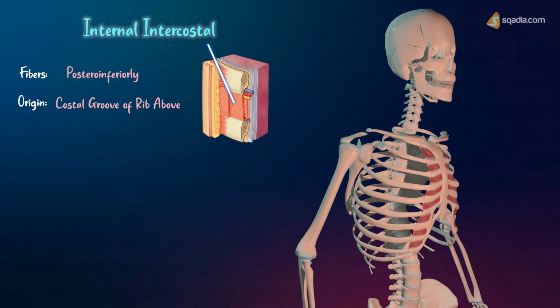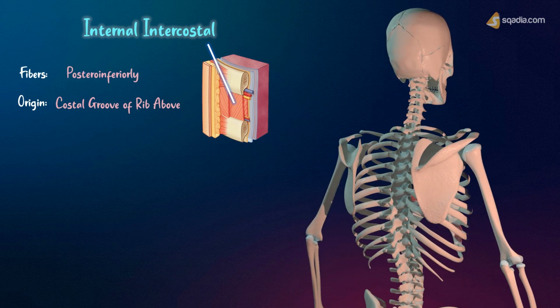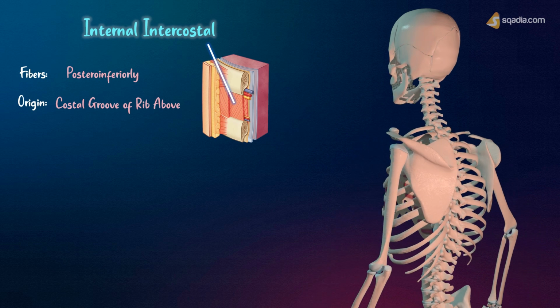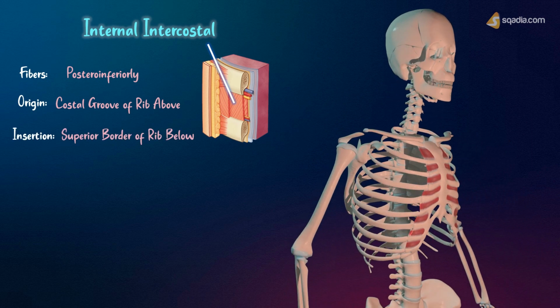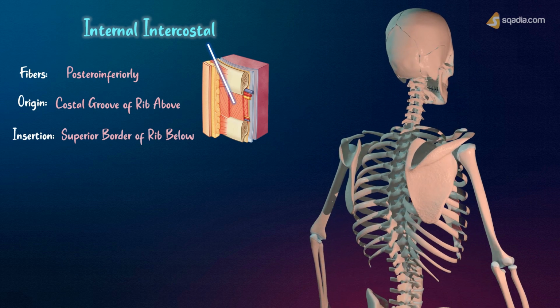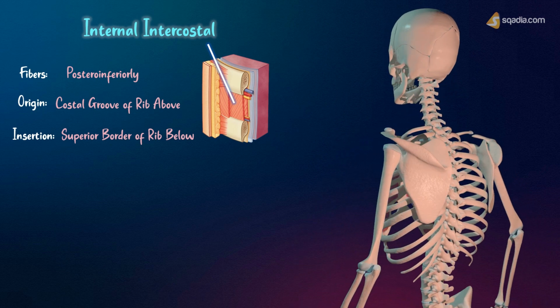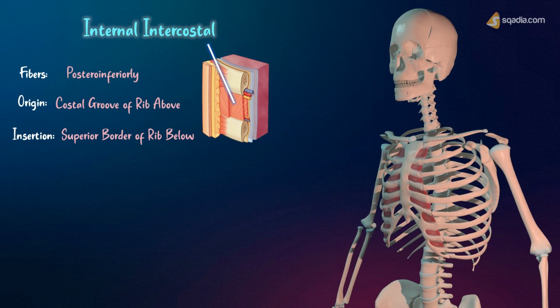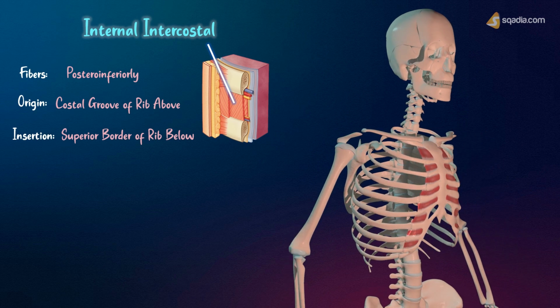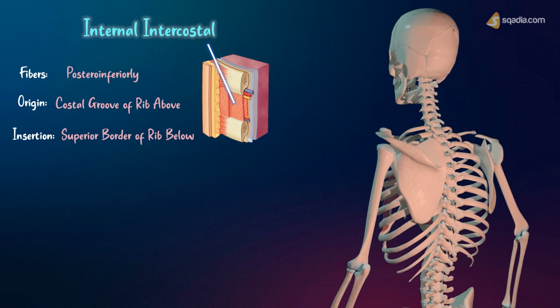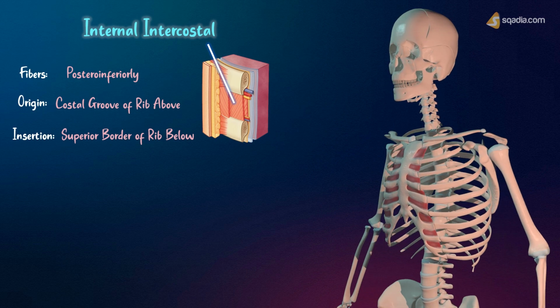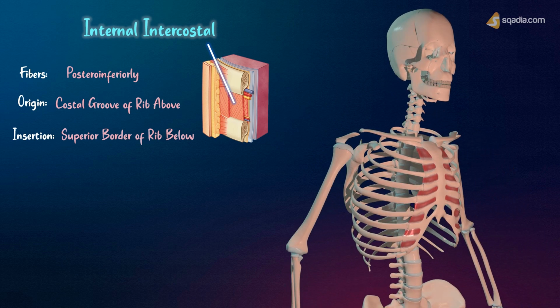That means downwards and backwards, and then insert into the superior margin of rib below, deep to the attachment of the related external intercostal. This muscle fills the intercostal space from the sternum anteriorly to the angles of the ribs posteriorly, and here, it becomes the posterior intercostal membrane and reaches the vertebral bodies.